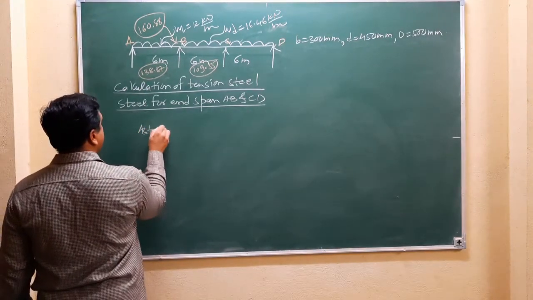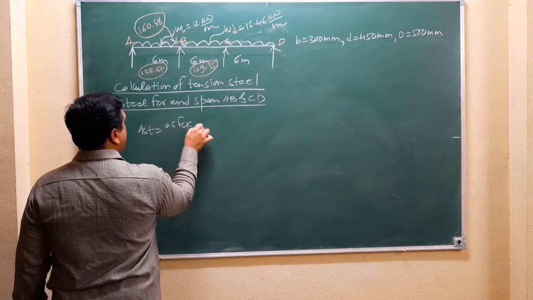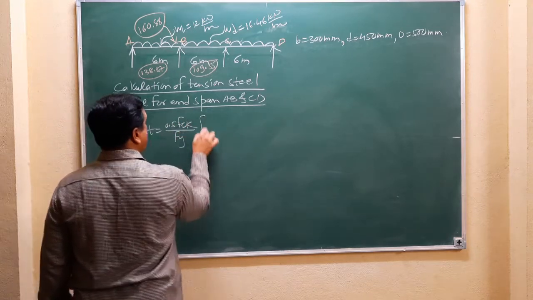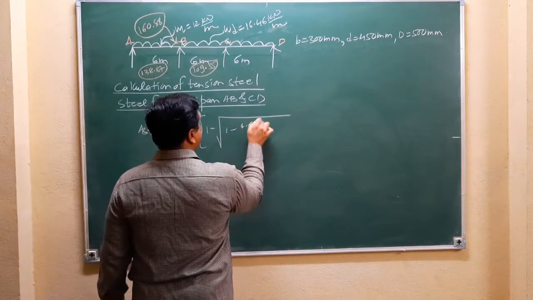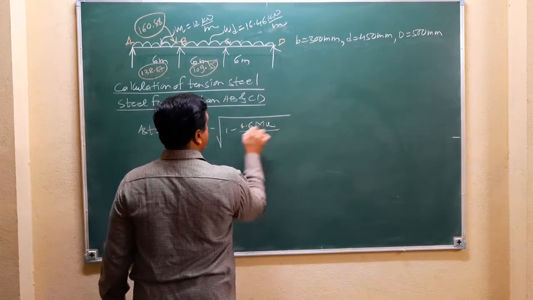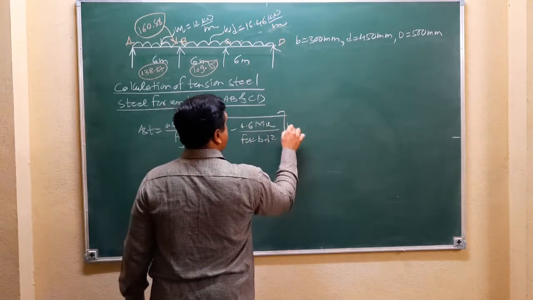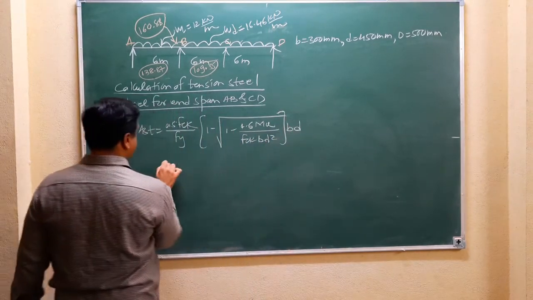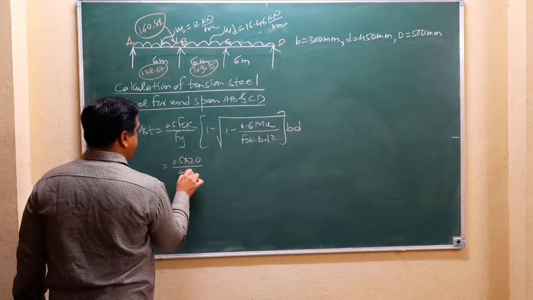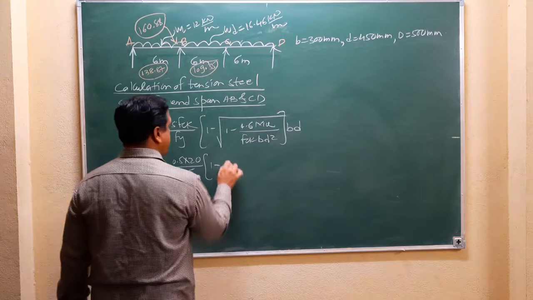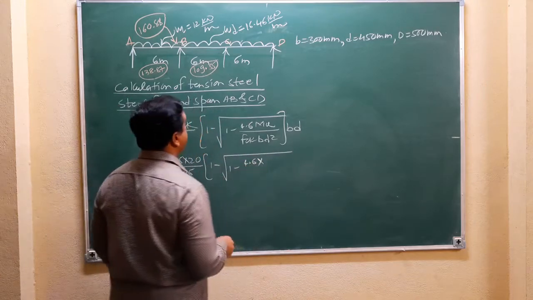So what is the formula? Ast is equal to 0.5 fck divided by fy into bracket 1 minus under root of 1 minus 4.6 Mu divided by fck b d square, into b d. So 0.5, fck is 20, fy is 415. 1 minus under root of 1 minus 4.6, what is Mu?